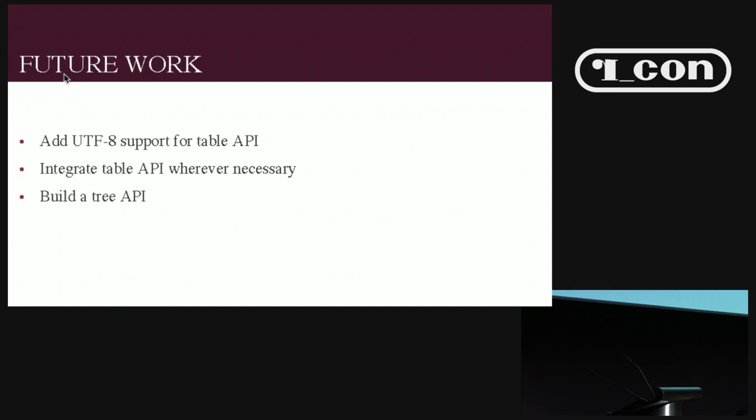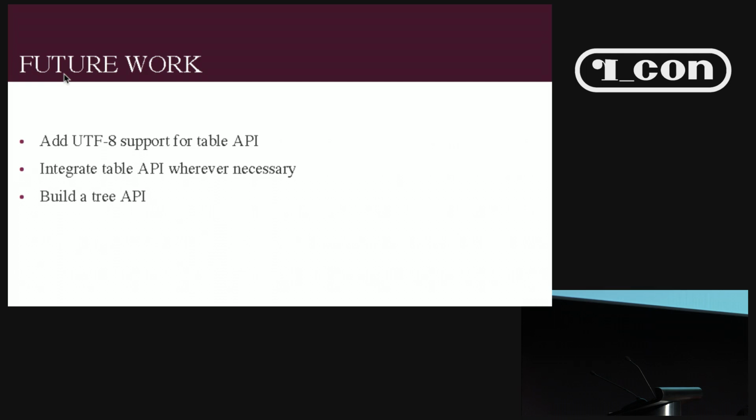So I'll just talk about the future work. As Pancake mentioned, the table API does not use colors or UTF-8. I'm planning on implementing it this week, I mean, the coming week, and then work on integrating this table API wherever necessary.